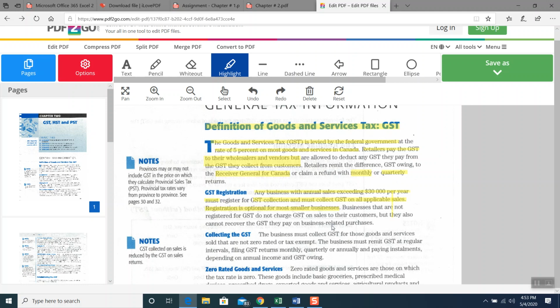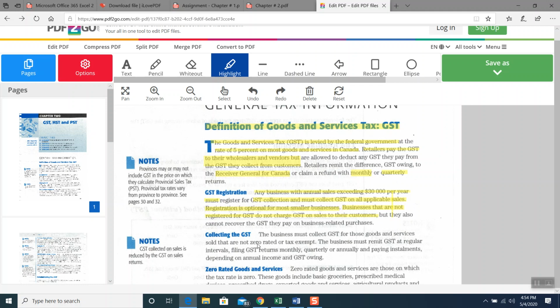That business can choose to register or not with the Government of Canada. If you are not registered, you are not allowed to collect the GST, and you are not paying that GST to the Receiver General of Canada. Businesses that are not registered for GST do not charge GST on sales to their customers. Simple as that.